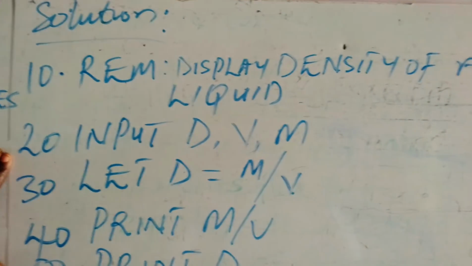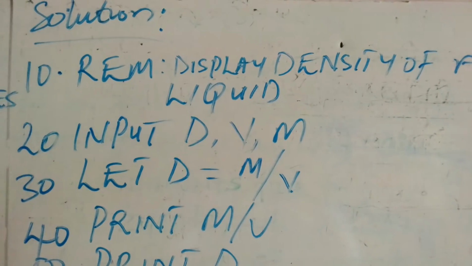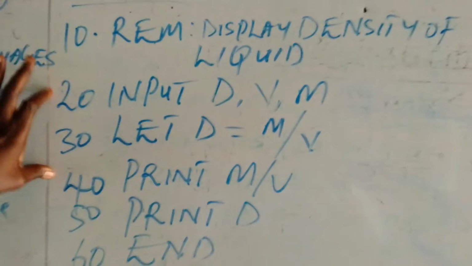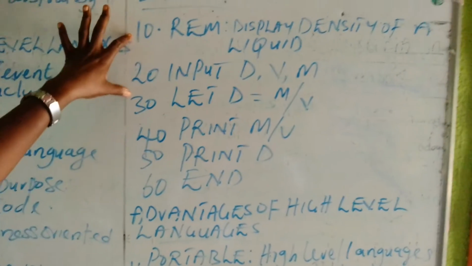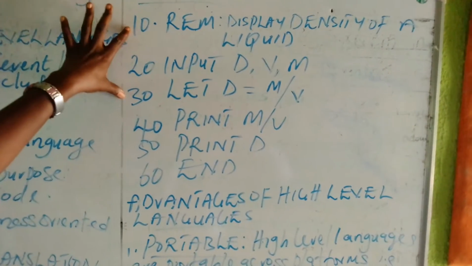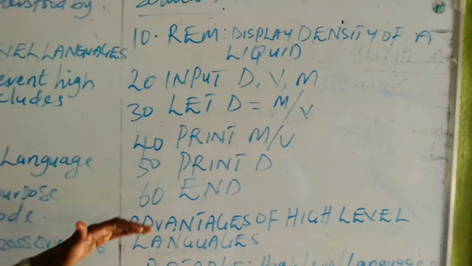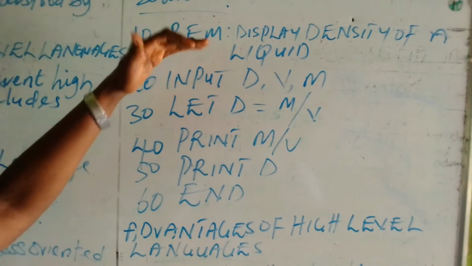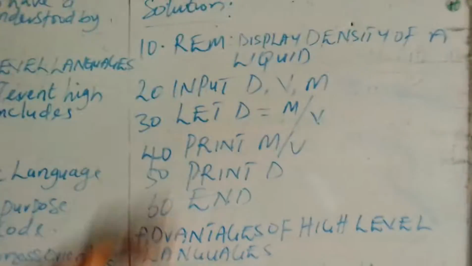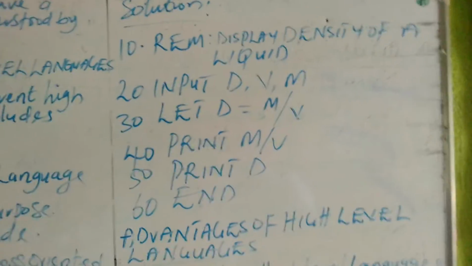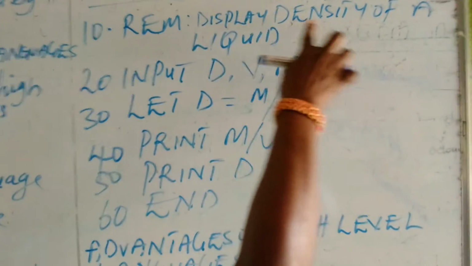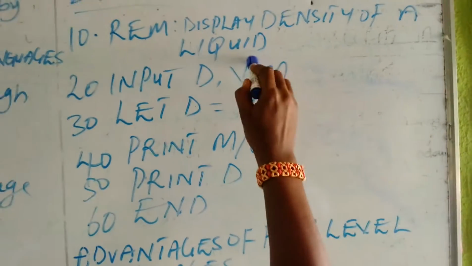In BASIC programming language, the statement instructions are written sequentially, and that is how they are executed, line by line from top to bottom. The remark statement is used to indicate the purpose of that particular program. Here you have: display the density of a liquid.